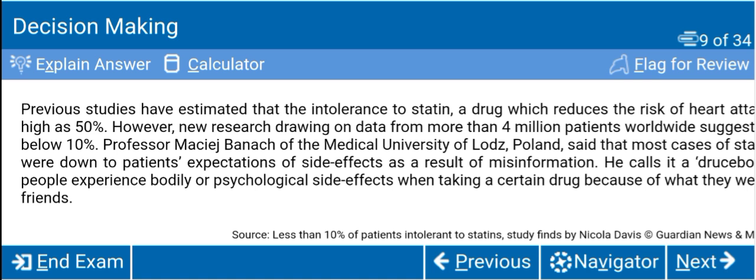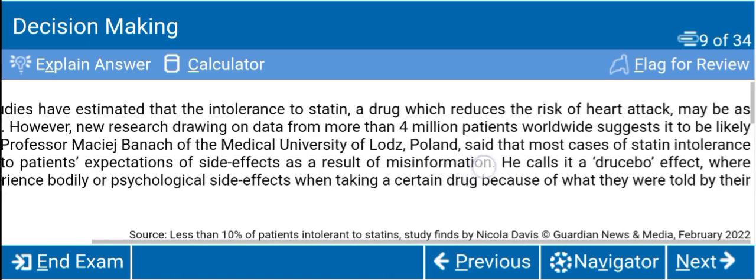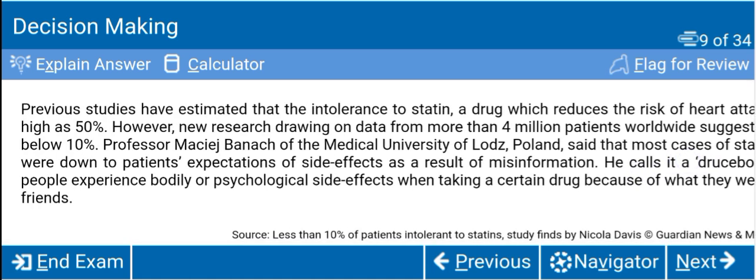Professor Missy Brand of the Medical University of Lodz, Poland, said that most cases of statin intolerance were down to patients' expectations of side effects as a result of misinformation.